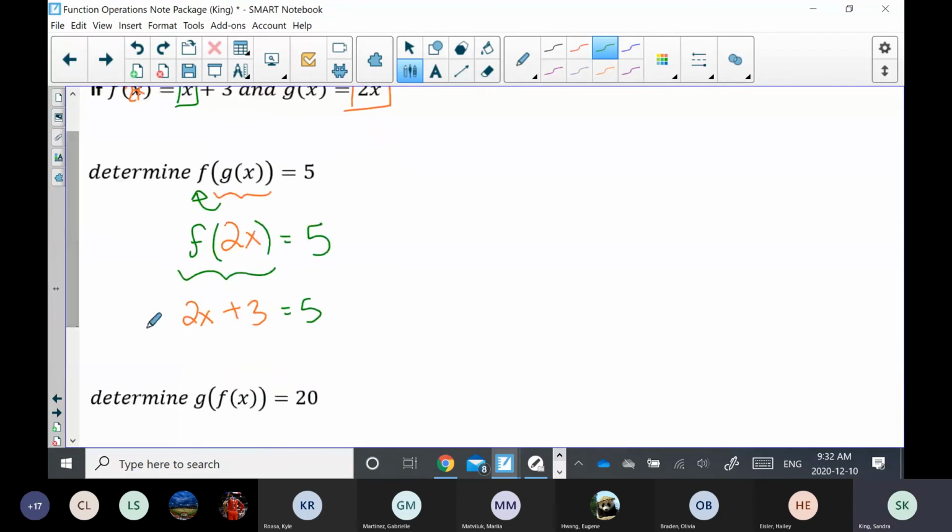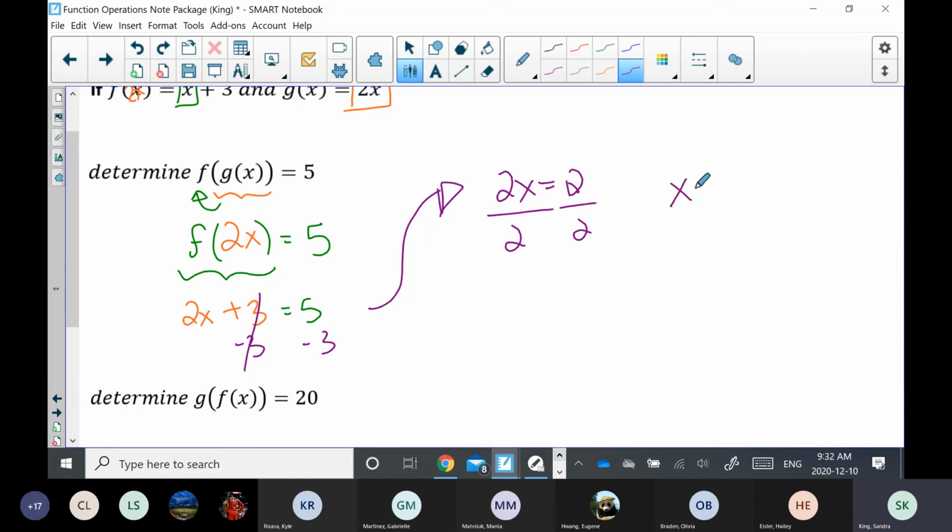What would we be solving? We'd be solving for x. So subtract 3 from both sides, and we would get 2x is equal to 2. Divide this by 2, divide this by 2, and x is equal to 1.